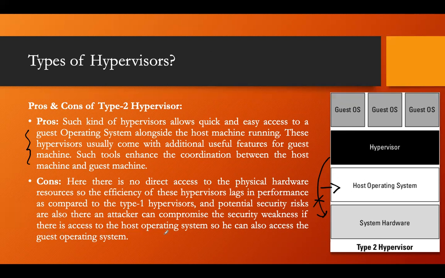If there is access to the host operating system, one can also access the guest operating system. If malicious code is there in the host operating system, that code can come to the guest operating system also. So this is the problem that we are facing.